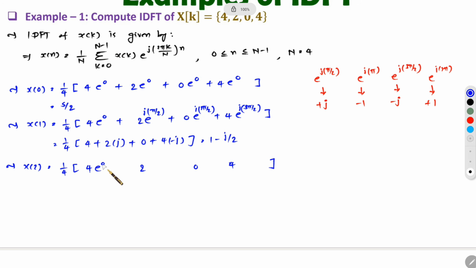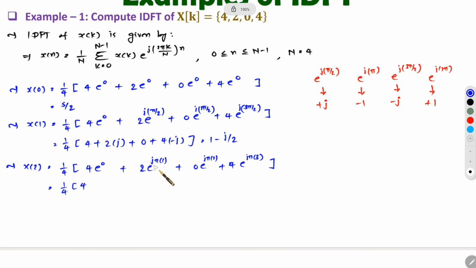So e to the power 0. Then here we have e to the power j pi into 1. Then here we have e to the power j pi into 2. Then here we have e to the power j pi into 3. Right. So see e to the power 0, that is 1.